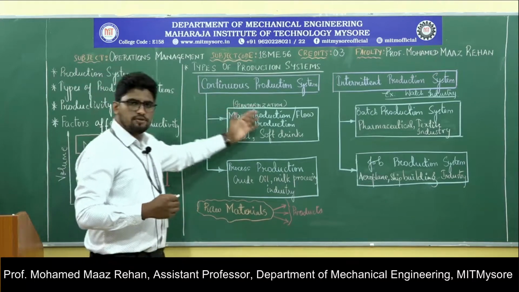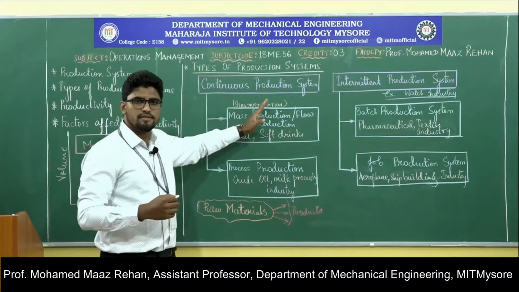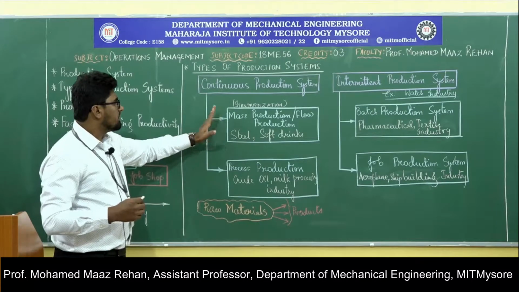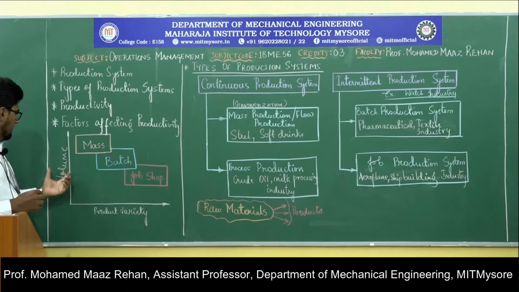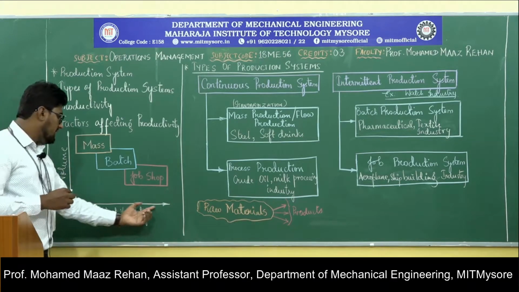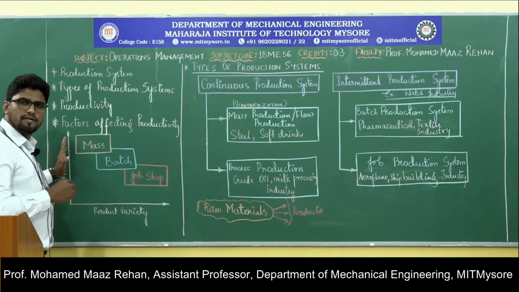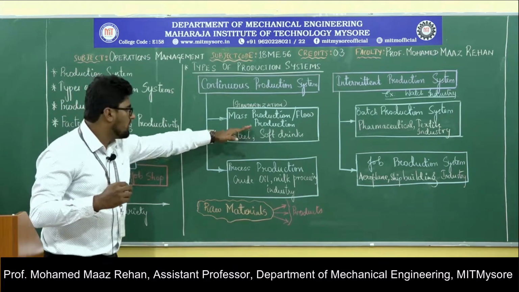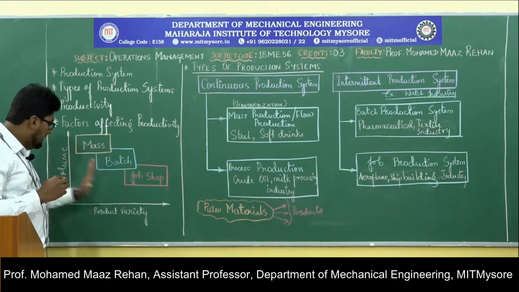If we want to speak about the product variety in a continuous production system, it is very low. Here in this graph, we have plotted product variety on the x-axis and volume on the y-axis. In mass production, we have high volume and very low product variety.